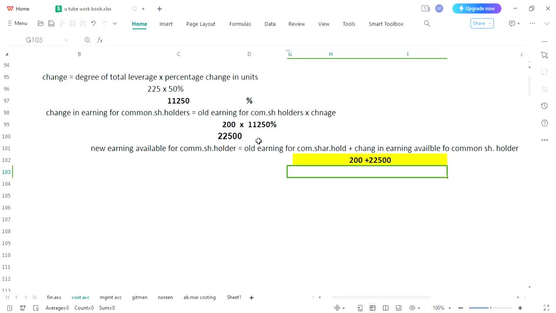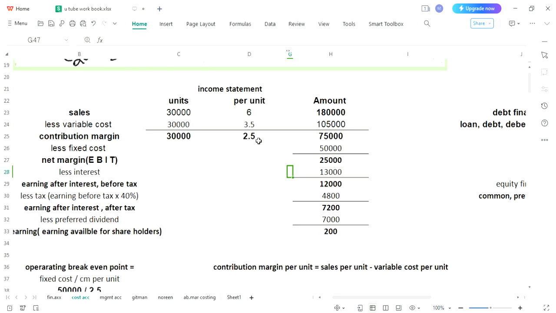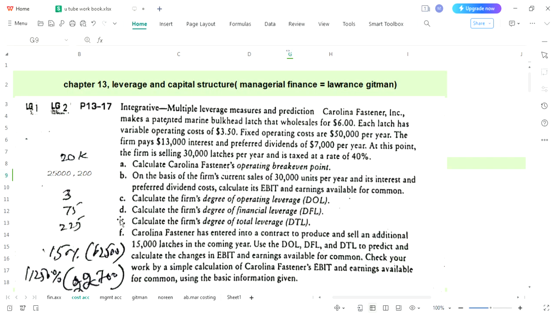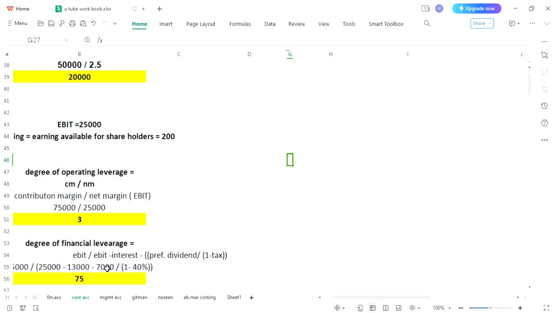Statement has been completed. And now you will calculate 200 plus 22,500. So total change which would come is 22,700. And here is your answer, 22,700.